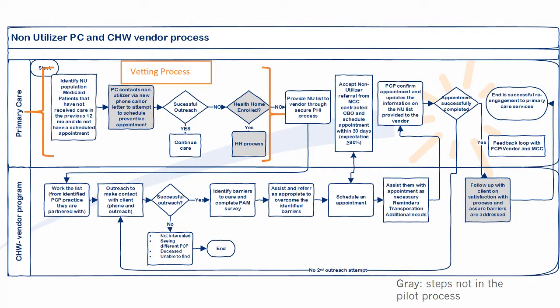Hi, I'm back again. So this is an example of a workflow that we have created as a sample of how a primary care office and the CHW vendor or CBO vendor would interact with one another in order to accomplish this goal.